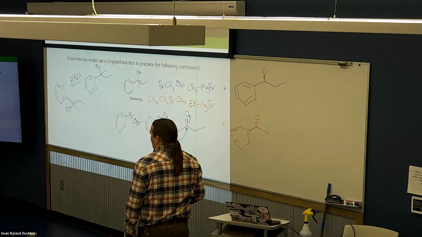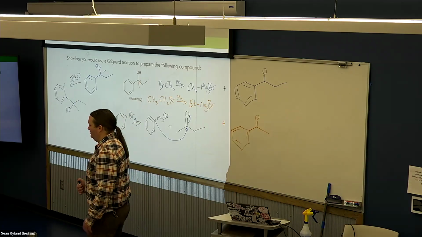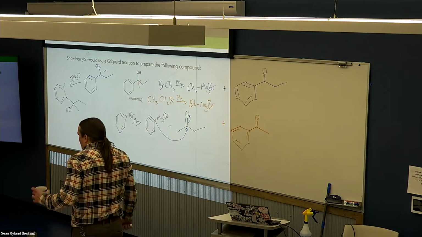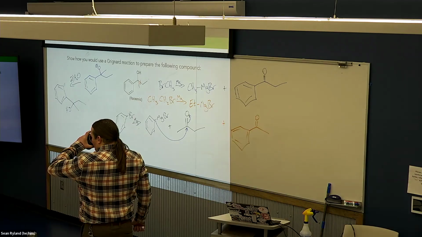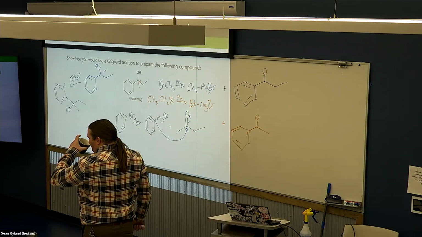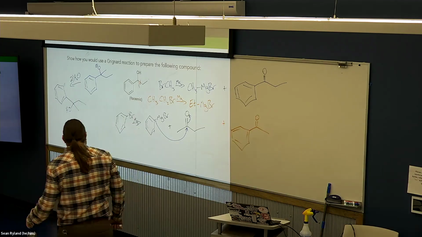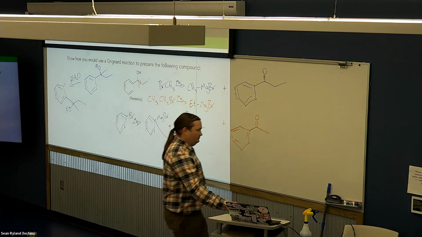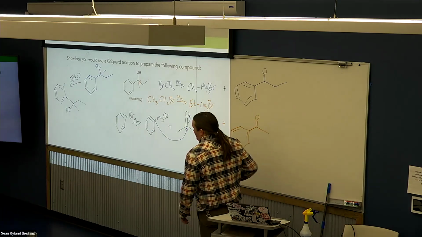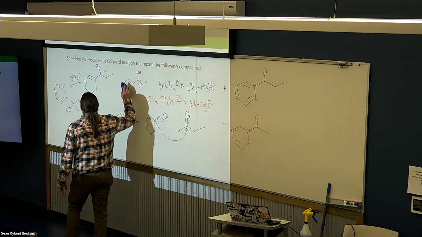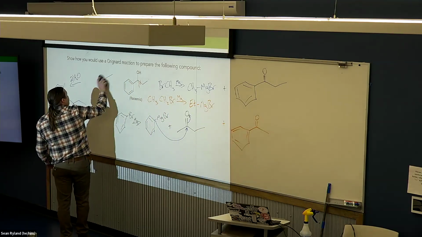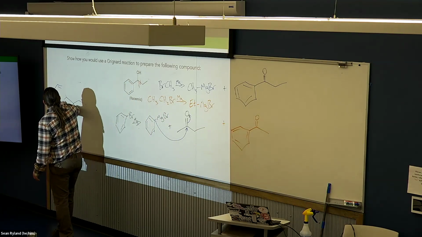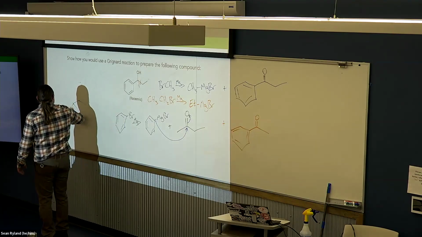Same for the orange one, same intermediate, and then add water. I'm going to erase this, but don't panic because the next slide is a cleaned up version of what we just drew.